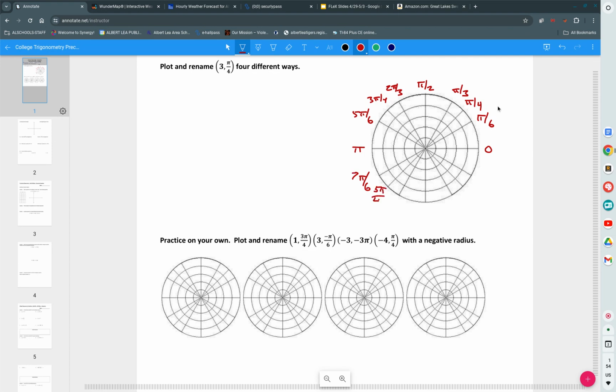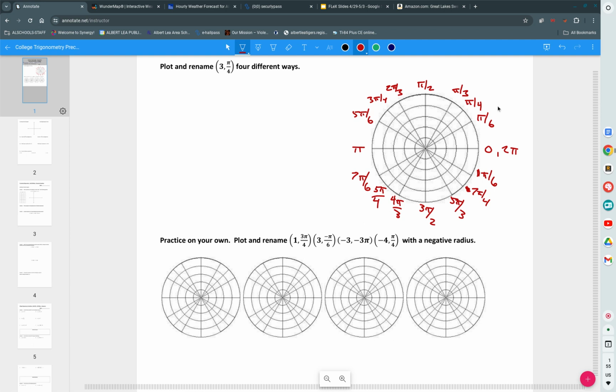If you need to review this, making the unit circle would be a helpful piece to go through again. We good?